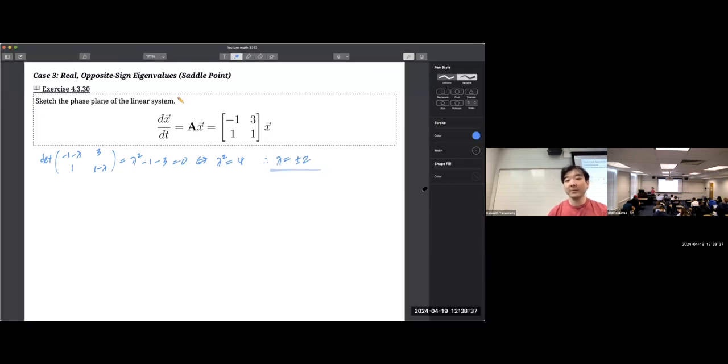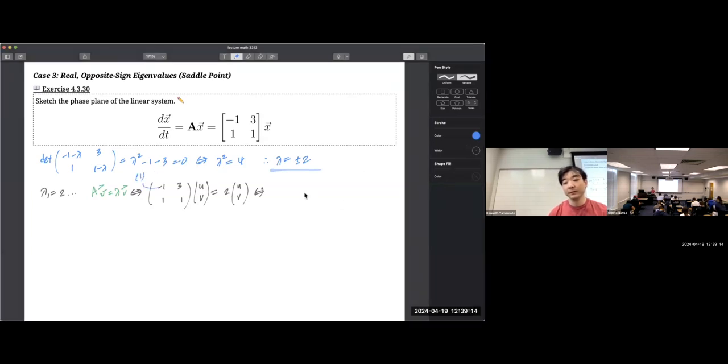So then you say, okay, I'm going to find the eigenvector for when lambda is equal to 2. That's like going back and plugging into the original eigenvector eigenvalue equation, which in this case is the matrix -1, 3, 1, 1 times u, v, equal to 2 times u, v. Then you can write the two equations. I'm just going to use the first equation because you can use either of them.